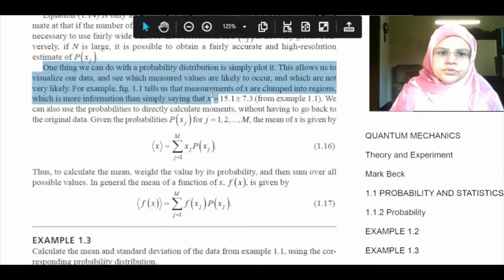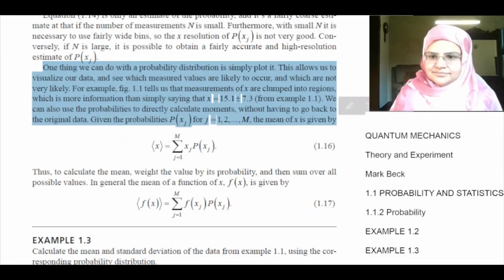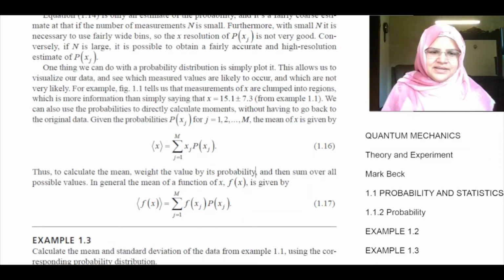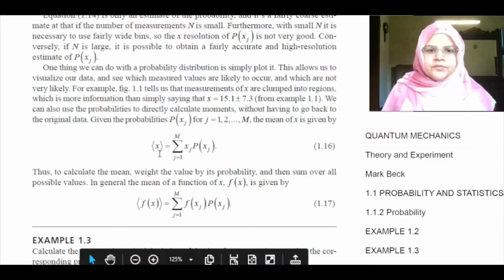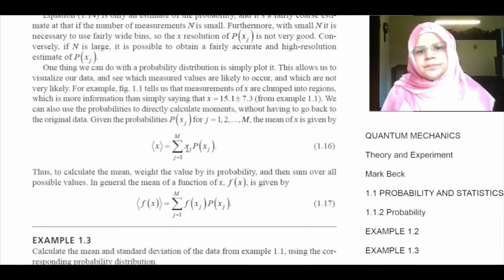We can also use the probabilities to directly calculate moments without having to go back to the original data. Given the probabilities Pxj for j equal to 1, 2 to m, the mean of x is equal to the sum from j equal to 1 to m of xj times Pxj, which means it is x1 times Px1 plus x2 times Px2 and so on, up till xm times Pxm.